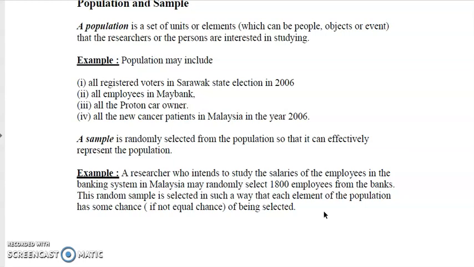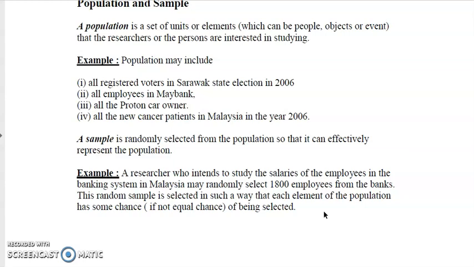As an example, maybe you have SPM candidates in Malaysia for last year, 2020, right? So how many of them? Maybe 100,000 people in Malaysia will be going through SPM.